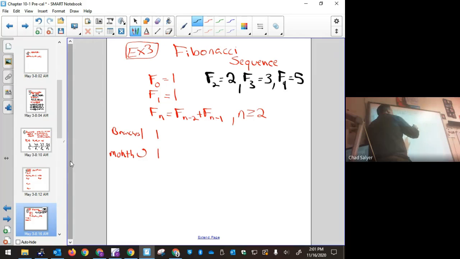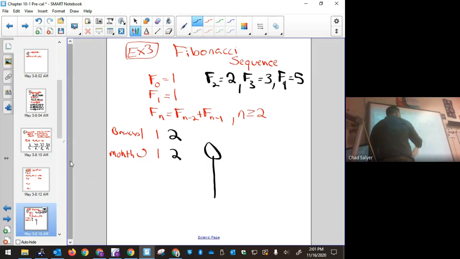So what happens with the branches of a tree? If you have a single one, of course it comes out and it's just a single branch. And then after the 2nd month, it will be preparing to bud. And then on the 3rd month, so month 2, start with 0, then 1, then 2.